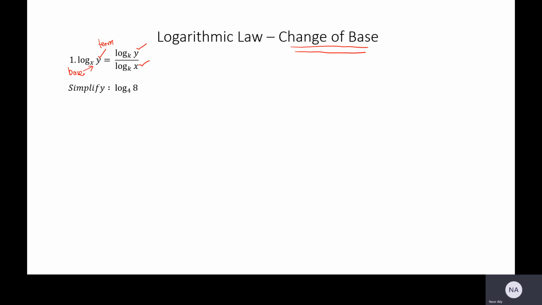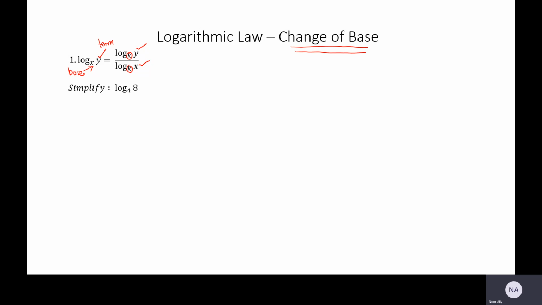In other words, it can be written as a fraction. And then you can choose any base that you wish. So it's pretty simple, I hope. You are simply given a particular log, and you can write that out as a log of the argument or the term divided by the log of the particular base.